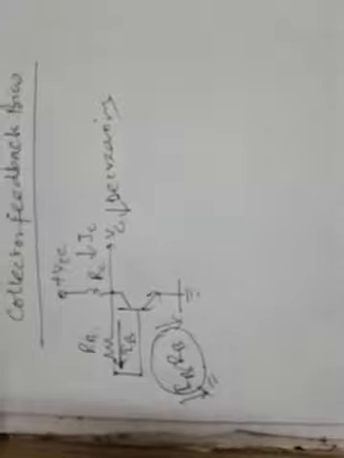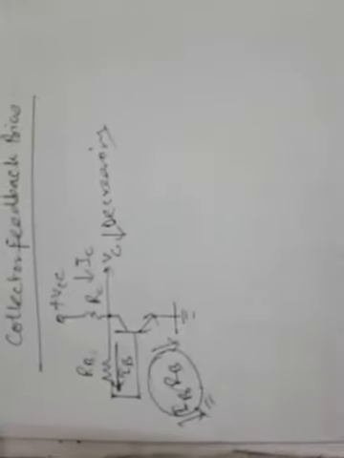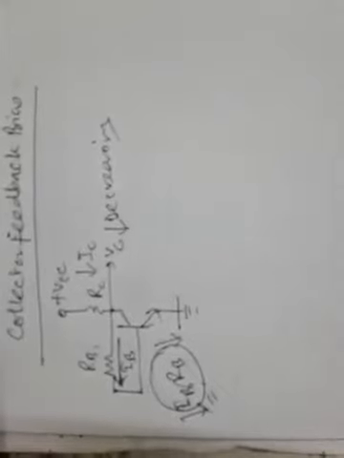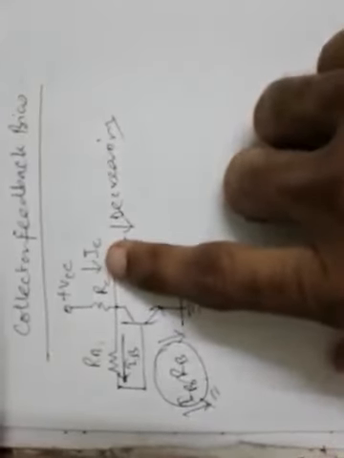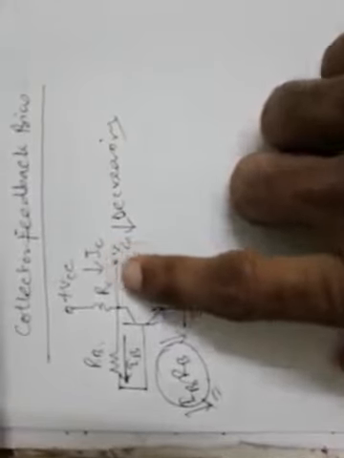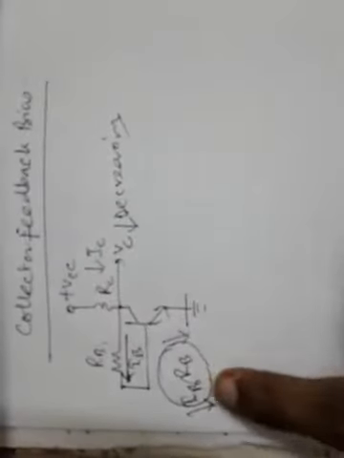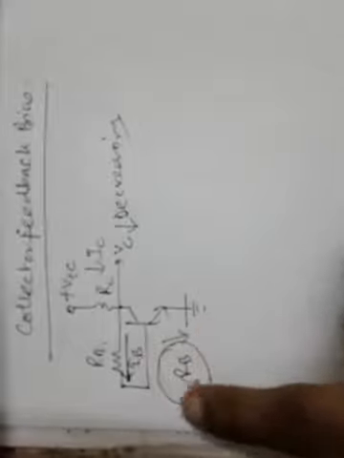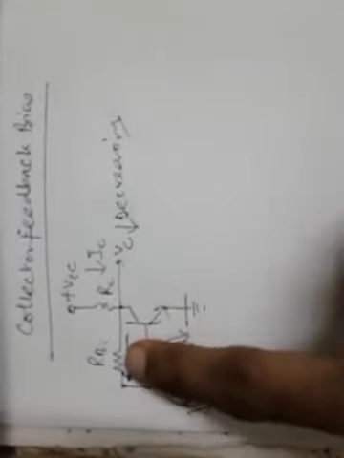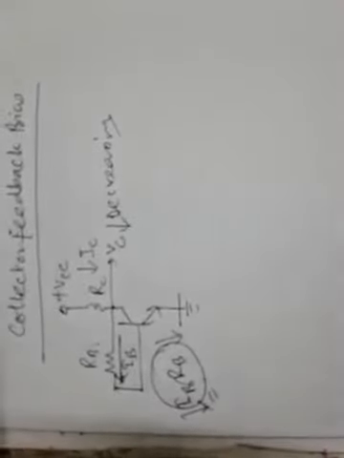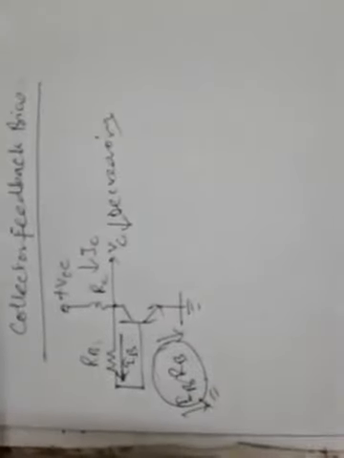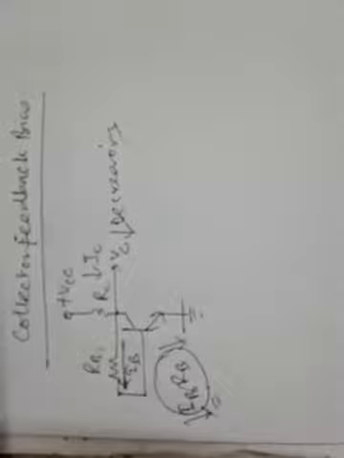So the base current will be decreased, and if the base current is decreased, it will always try to decrease the collector current. But initially we assumed that the collector current is increasing, so the decrease of the voltage across the resistance RB will oppose the increase of the collector current. That means once again a negative feedback effect is observed in this biasing circuit.